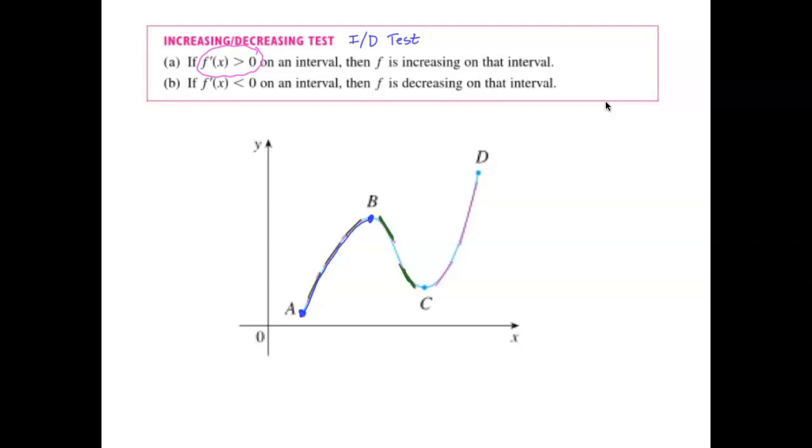And that tells us that the original function, the blue curve, must be decreasing on that interval from B to C. And then you can see again, we got positive slopes over here. So f prime is greater than 0, so the original curve is increasing on that interval.